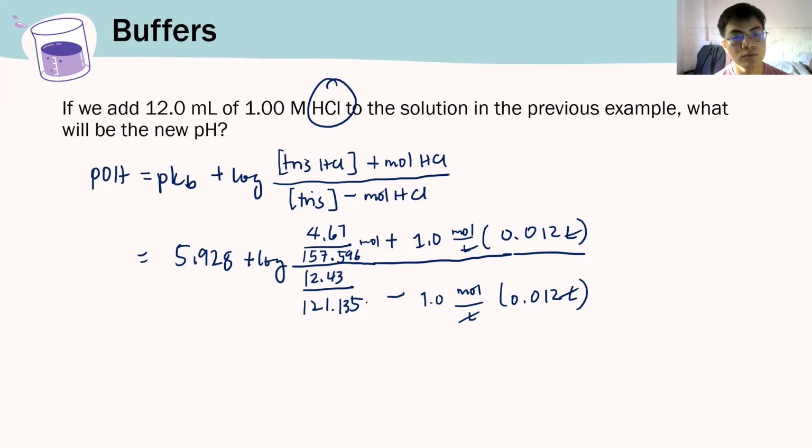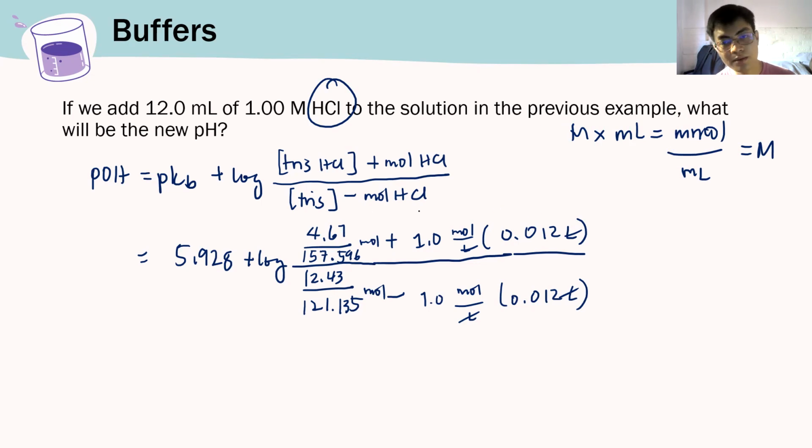Okay? So moles. In our earlier solving, those were all millimoles. When you have molarity times ml, that's millimoles. And when you divide by ml, it becomes molarity again. But this time, we really need moles because mass over molar mass is moles. So you can't use ml here. It should be liters to become moles.